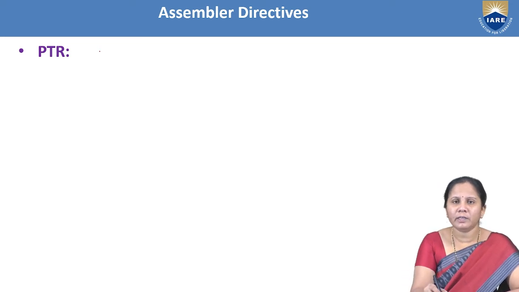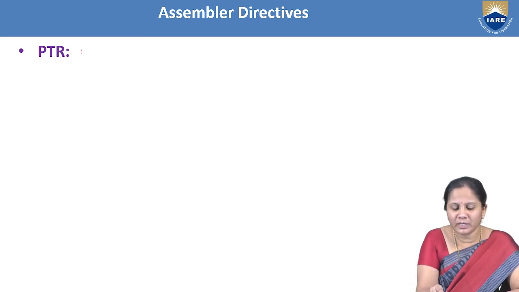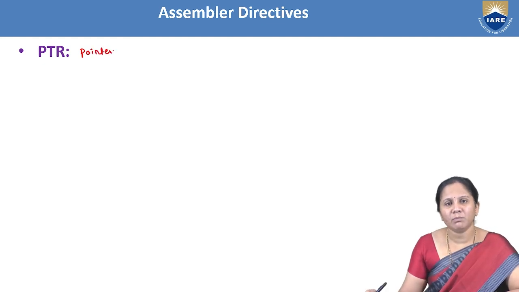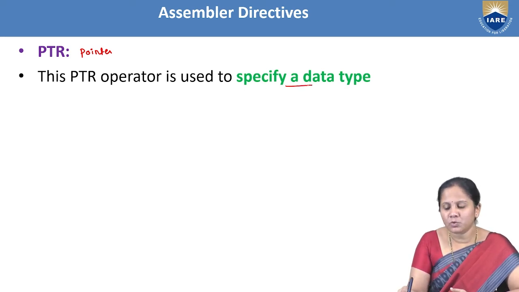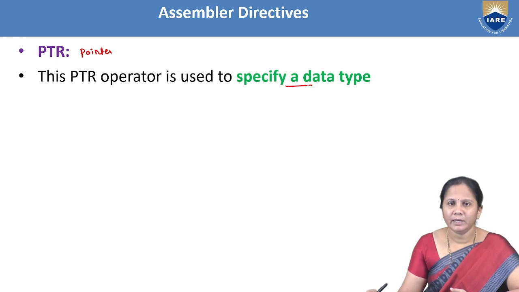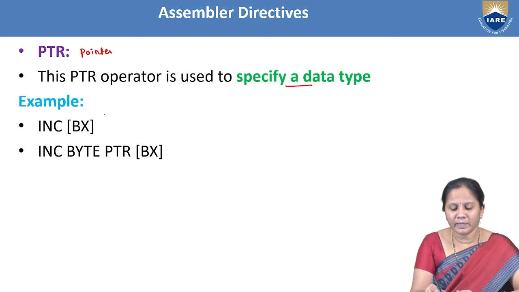And the next assembler directive is PTR. This PTR represents pointer. This PTR assembler directive is used to specify a data type. If you see the example here, it is written increment BX, but with the PTR assembler directive.